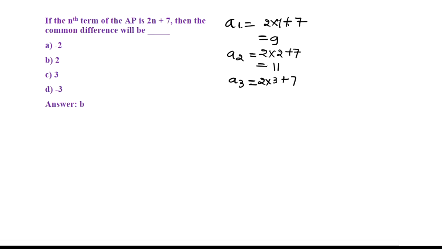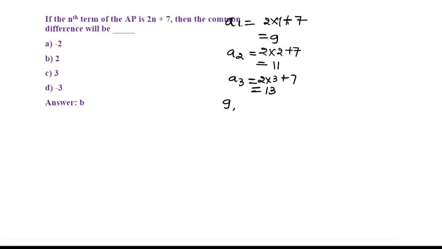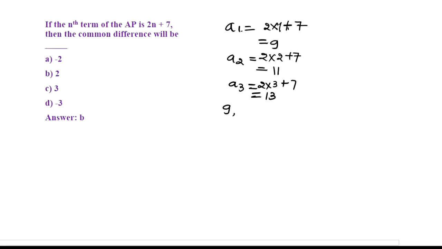Right? 2 into 3 is 6. 6 plus 7 is how much? 13. So what is the series I am getting? It's 9, 11 and 13. Okay. So the terms were 9, 11, 13 and so on.